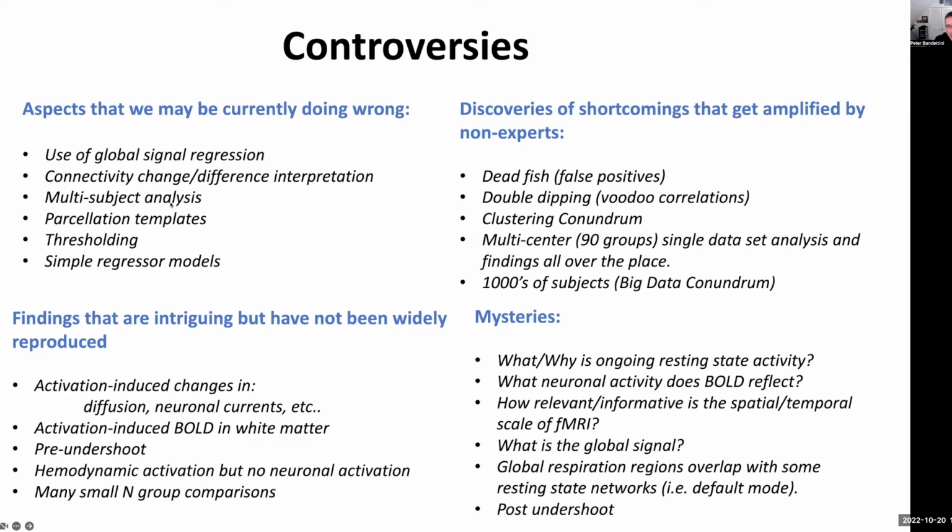Multi-subject analysis, how to pool the data. This came up, I believe it became more clear in this paper by Marek et al. a few months ago, talking about the need for thousands of subjects to get any sort of reliable biomarker signal.